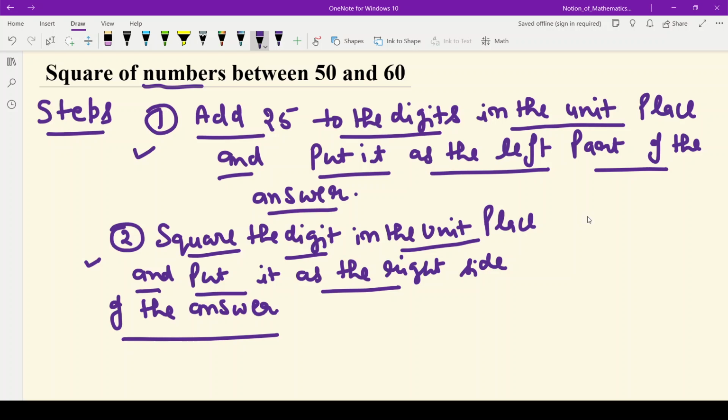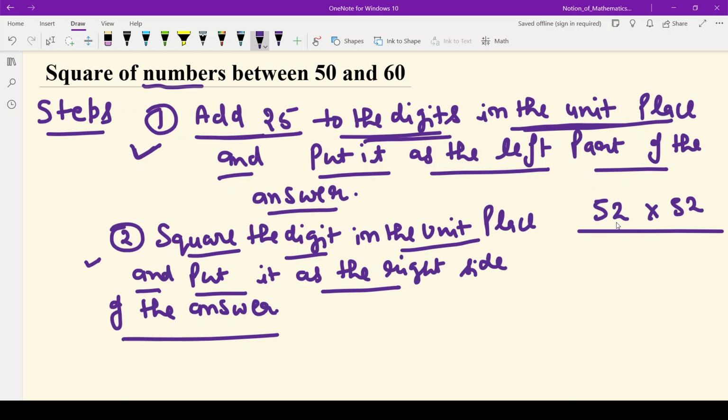Suppose I want to multiply 52 with 52. It means I want to calculate 52 square. So we will apply this first step: add 25 to the digit in the unit place.